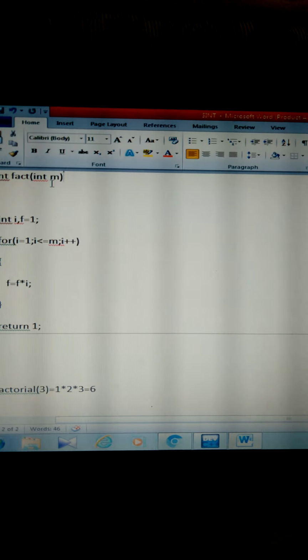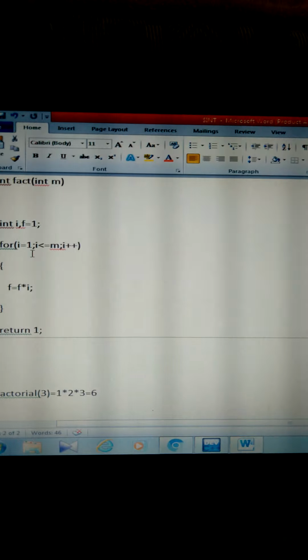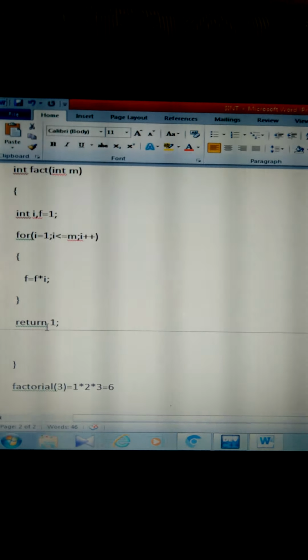That value I should be incremented by 1, that is, f is equal to f star I. Then return the answer.